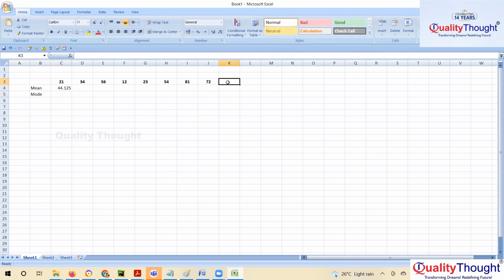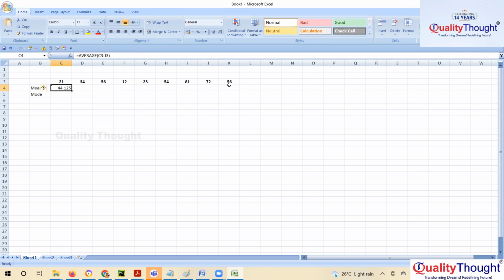So if I add 56 here, let's say, of course your average will change. After adding 56, will the average increase or decrease? Increase. See, the average was 44.